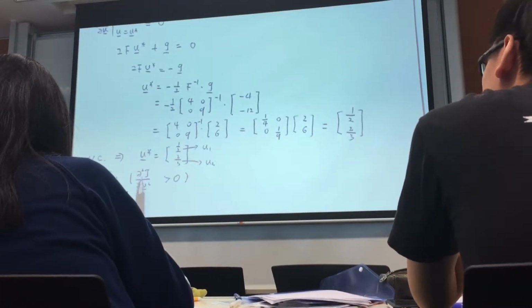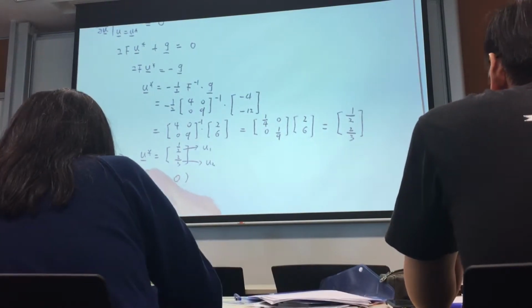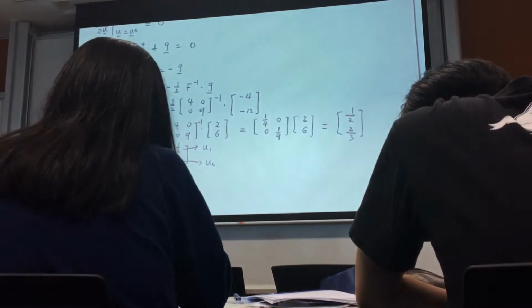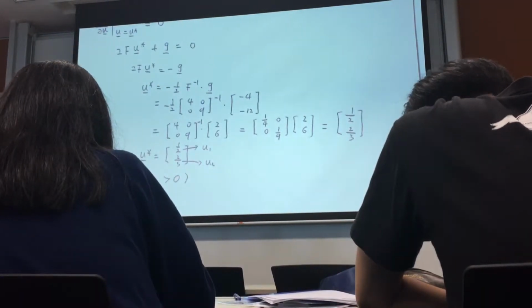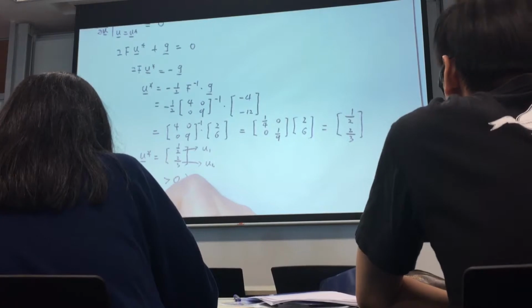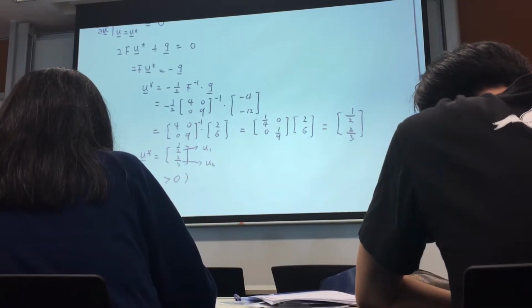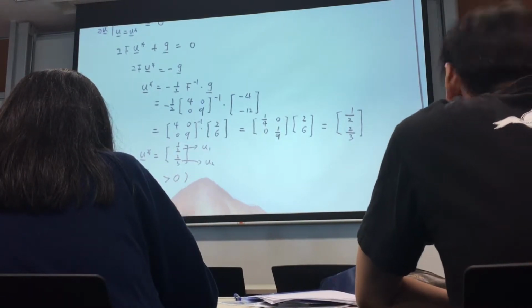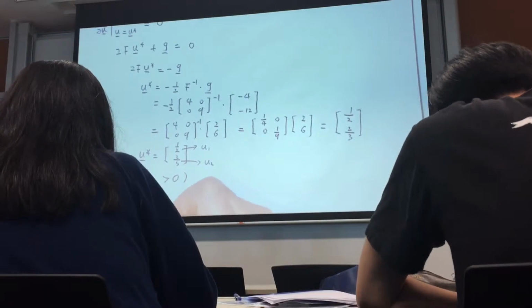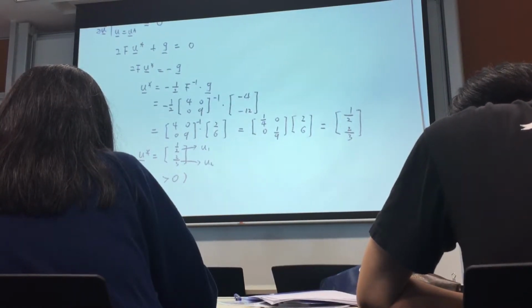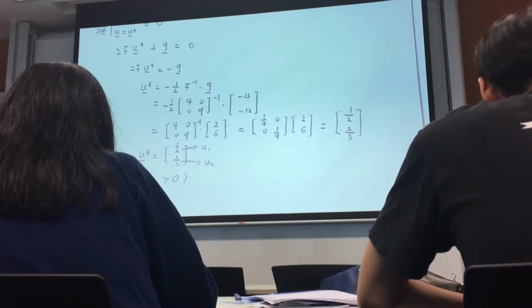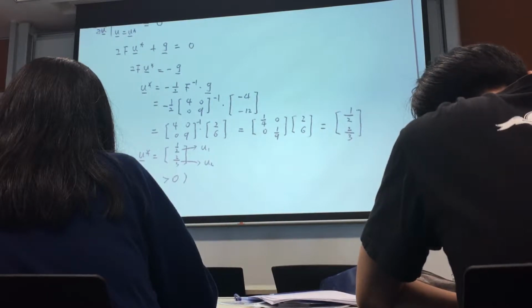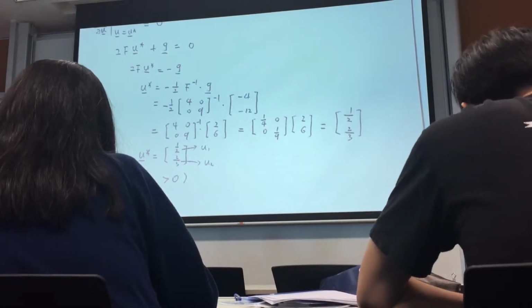So we need to evaluate the second derivative, this d²J/du². It's defined by applying the derivative twice. For a scalar, if u is a scalar, the second derivative is defined in this way: we apply the first derivative and then take another one.